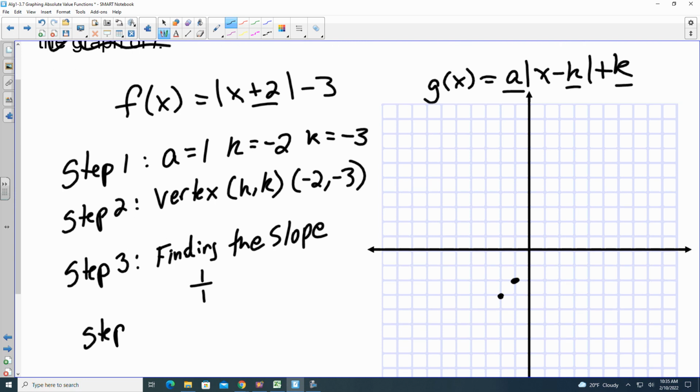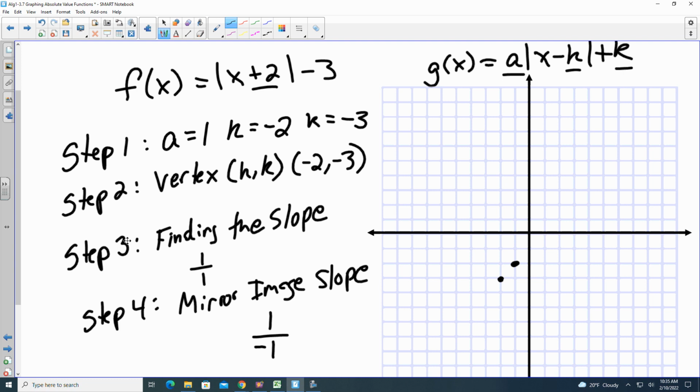step 4, we are going to look at what is called a mirrored image slope. And all this means is this. The top number remains the same, so it's positive 1, and whatever the bottom number is, tag a negative to it. So in this particular instance, my mirrored image slope is going to be 1 divided by negative 1.